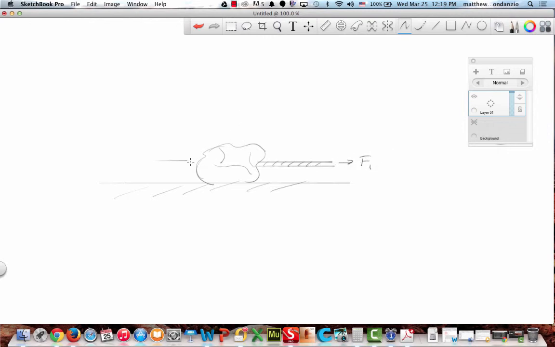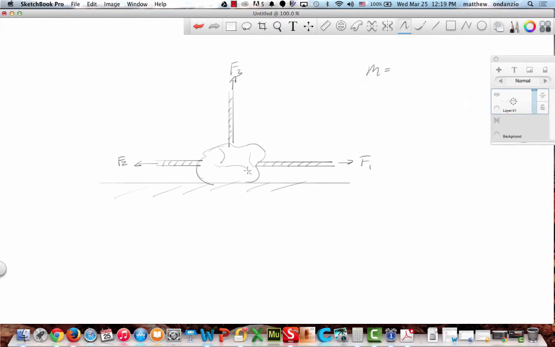I'm going to call this F2. I'm going to call this F3, okay? The mass of the rock, the boulder, is 150 kilograms, okay?